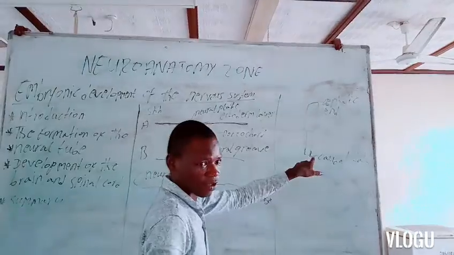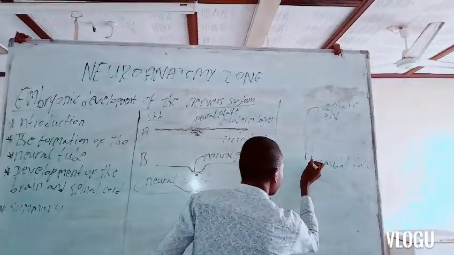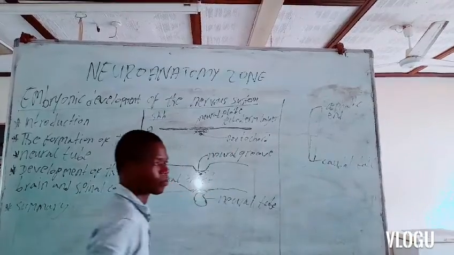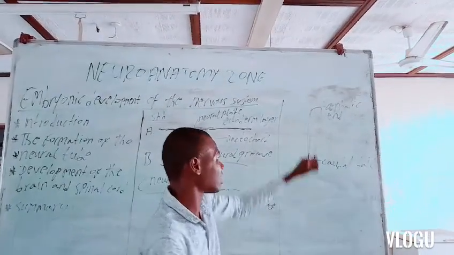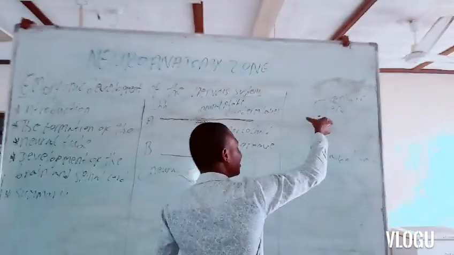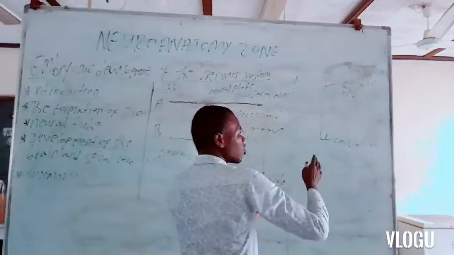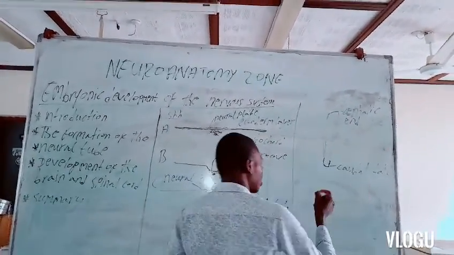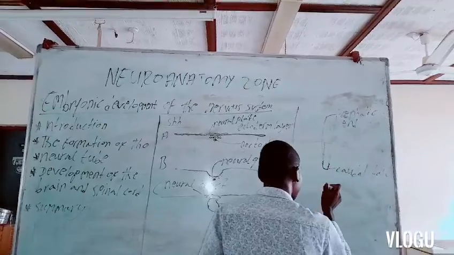At day 27 of intrauterine life, the caudal tail of the neural tube will seal up. Okay? Immediately after the sealing of the cephalic end and the caudal tail, the cephalic end of the neural tube will undergo a process known as the cephalic expansion. Okay? Forming an expanded structure.